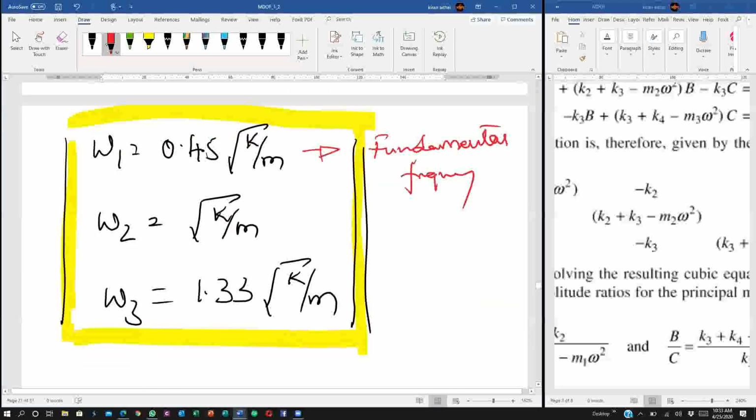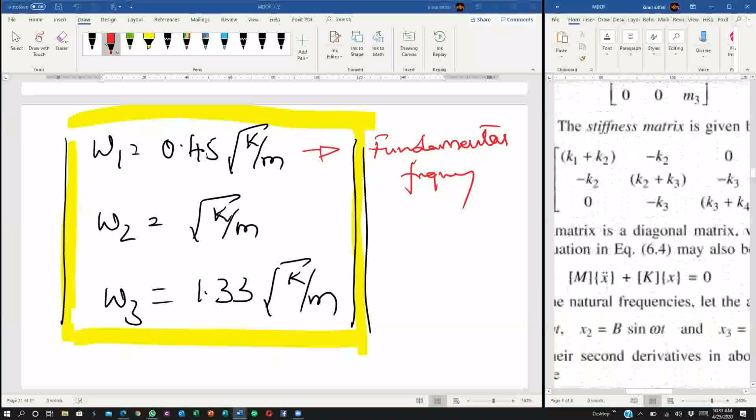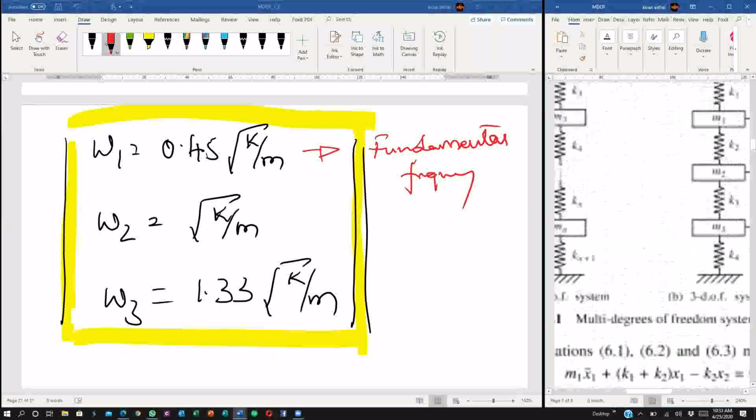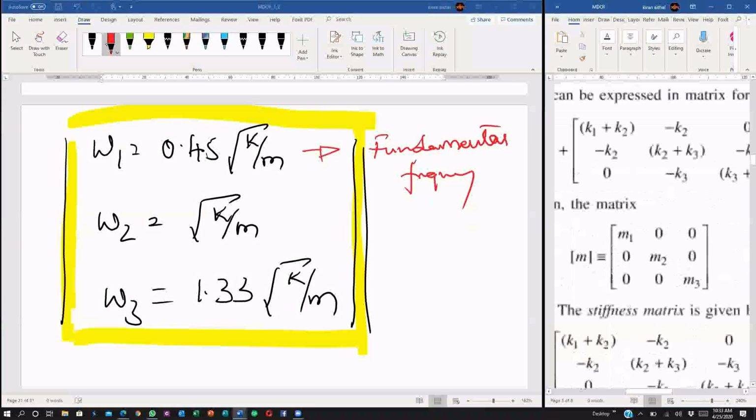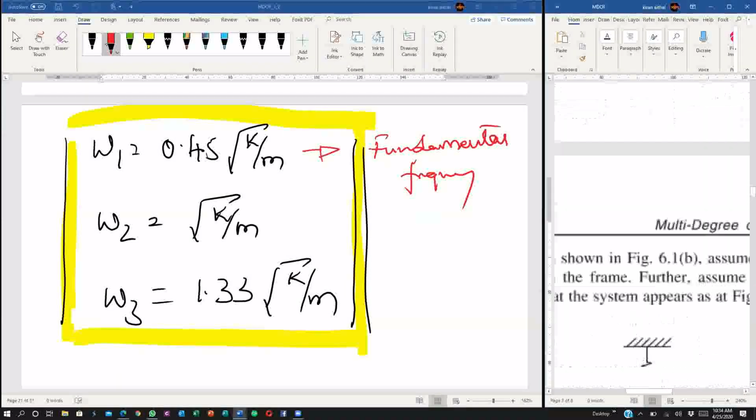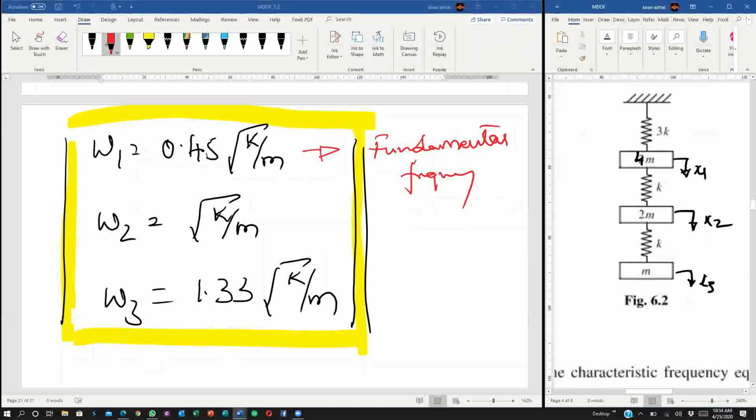Omega 1 is equal to 0.45 root k by m. Omega 2 is equal to root k by m, and omega 3 is equal to 1.33 root k by m. Okay, so this is the problem which we tried to solve. Hopefully, you have understood this problem.